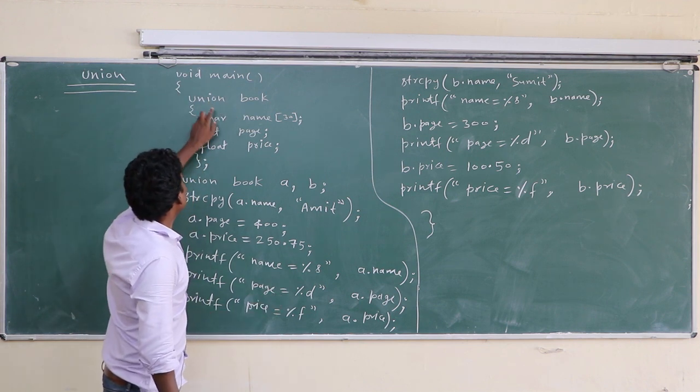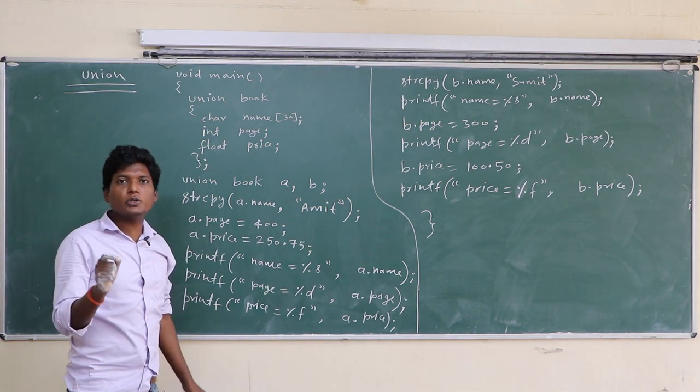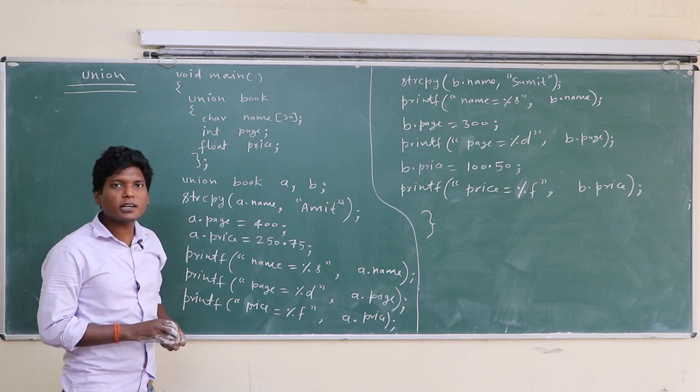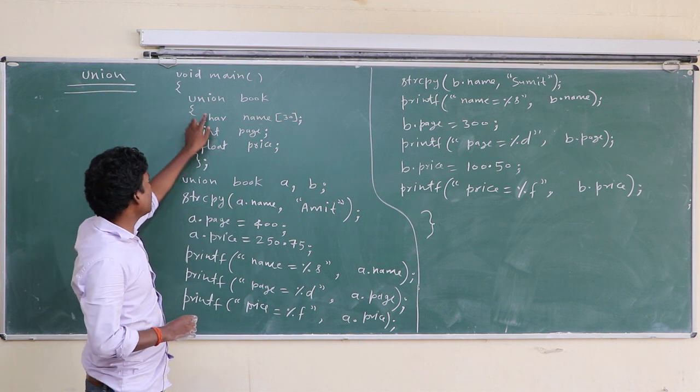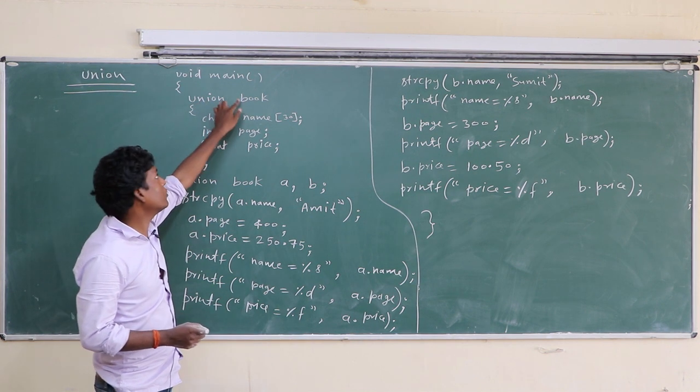Void main, union book. In place of struct, you have to use the union keyword. In structure we use the struct keyword, but in union we use the union keyword. So in place of struct book we use union book.